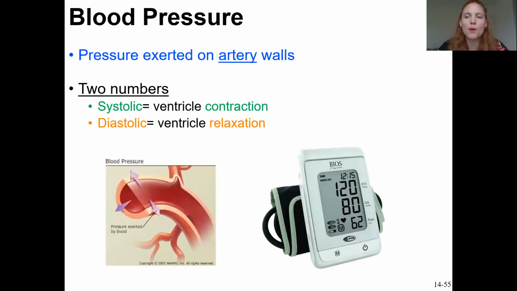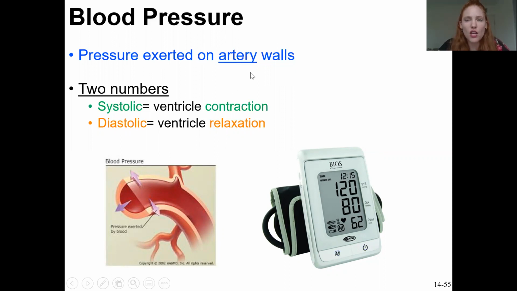Okay, so let's talk about what blood pressure is. Blood pressure is the pressure exerted from the blood onto the artery walls, and it's specifically looking at artery walls because arteries take blood away from the heart, so they're going to be experiencing the greatest pressure changes, whereas the veins take blood towards the heart, so they will have much more consistent lower pressures.